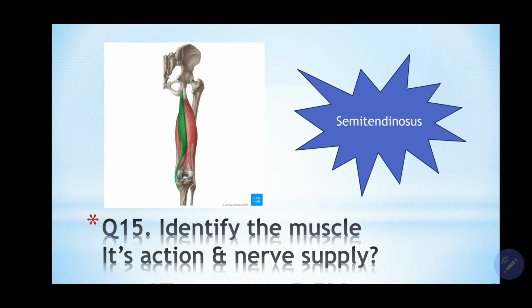So this also is a part of pes anserinus because it's bypassing femur and reaching the bones of the leg. Got it? So this muscle is semitendinosus. The action, of course, will be extension at hip and flexion of knee, and the nerve supply will be tibial component of sciatic nerve.